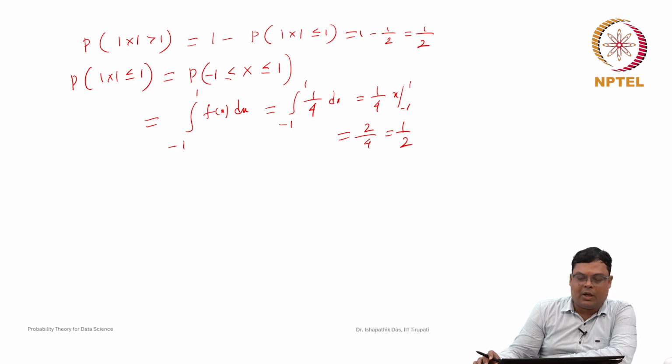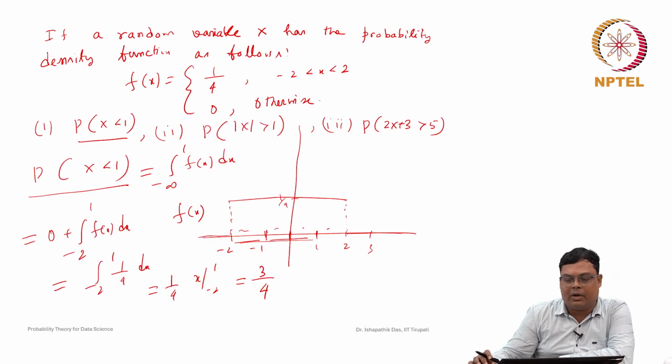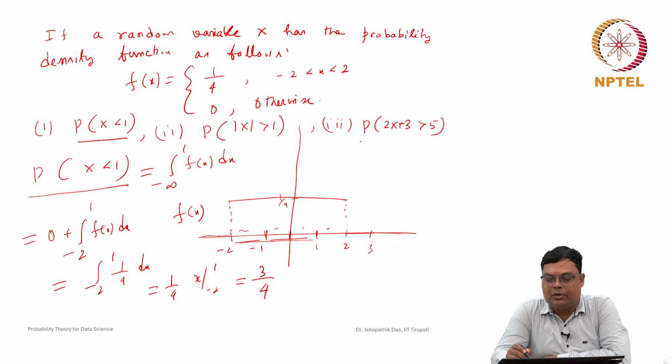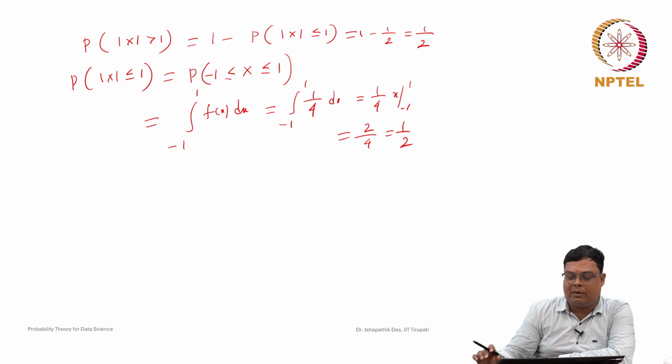Next we want to find the probability that 2x plus 3 is greater than 5. How can we find that probability?